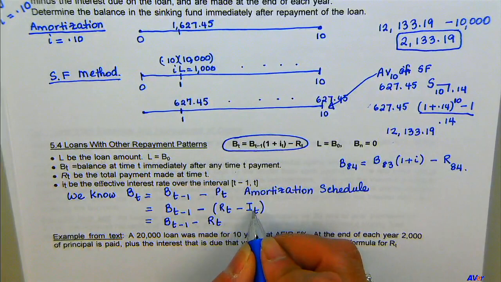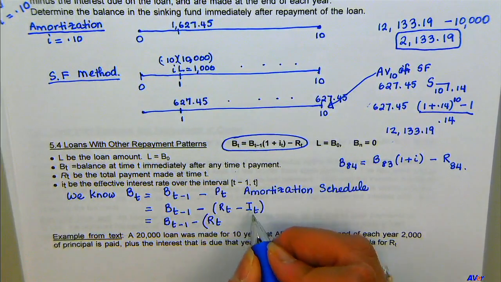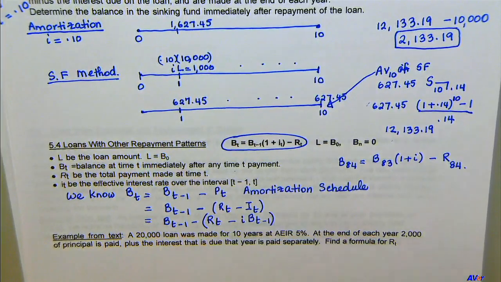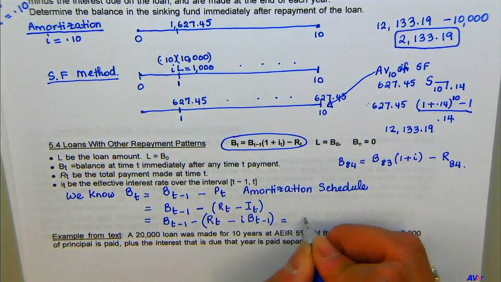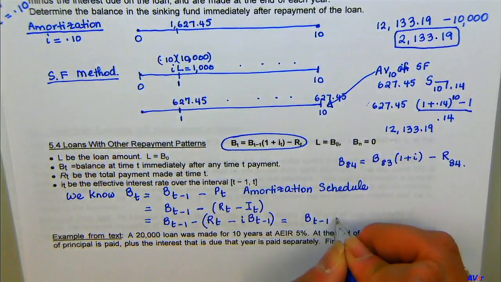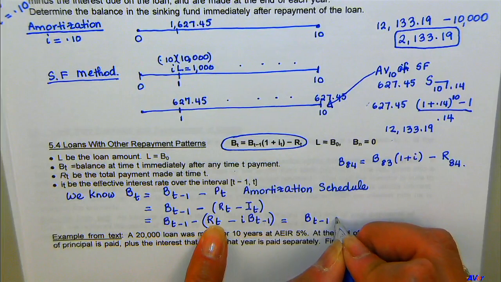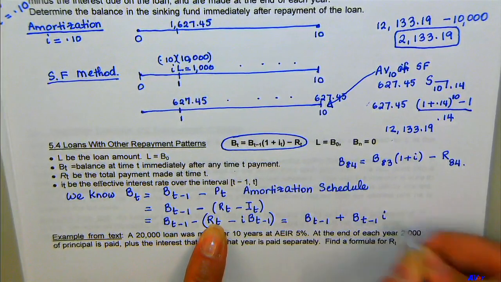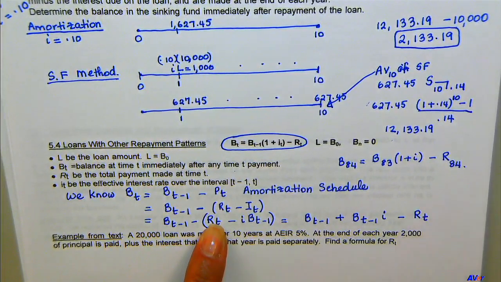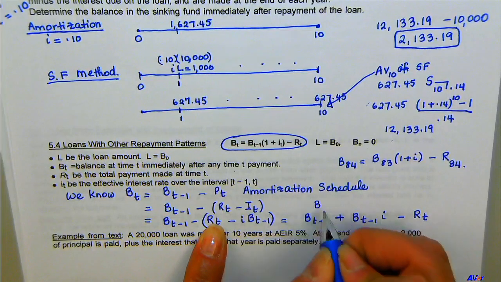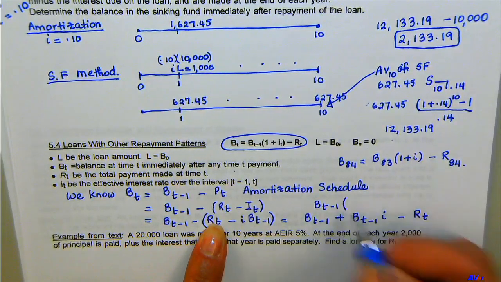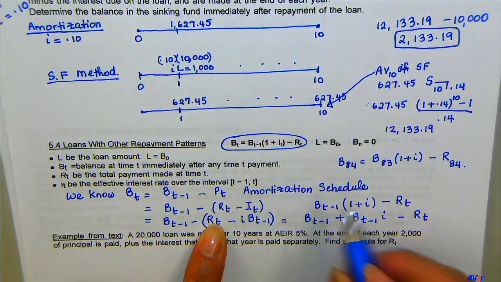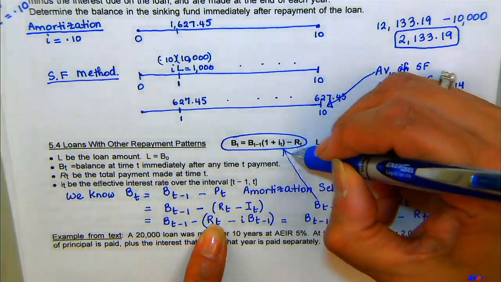Next, you're going to replace this I of t by lowercase i times balance at t minus 1. And then clean it up: balance at t minus 1 plus balance at t minus 1 times i minus R of t, which is equal to balance at t minus 1, parentheses 1 plus i minus R of t. And that's what this is saying.